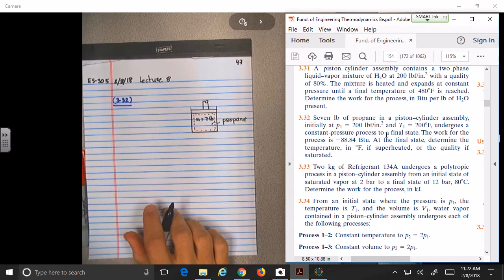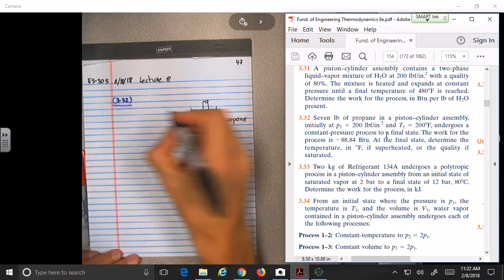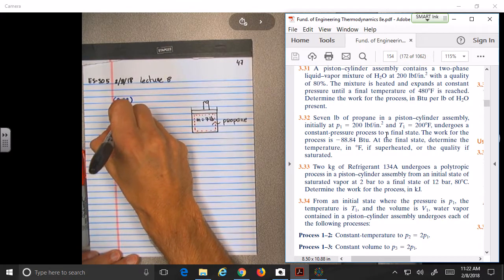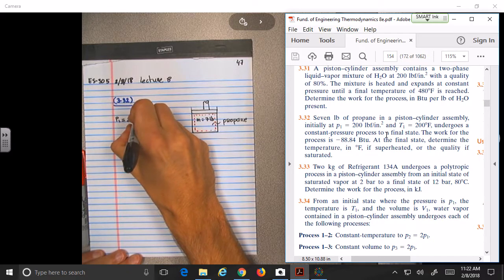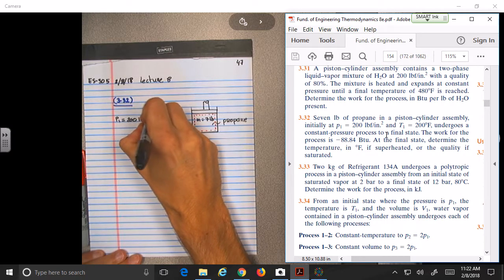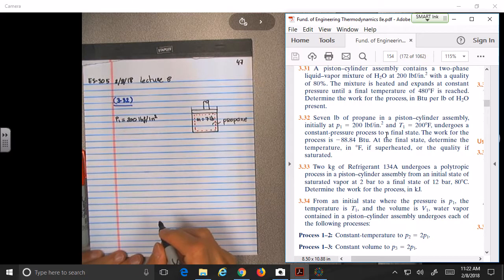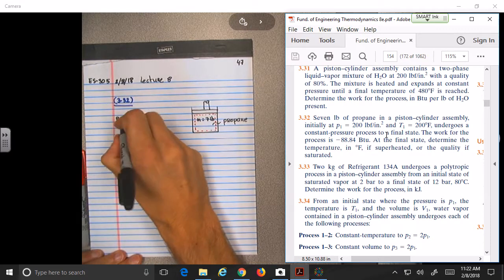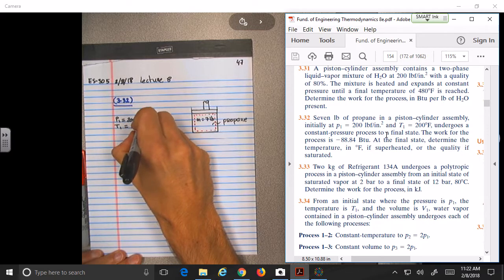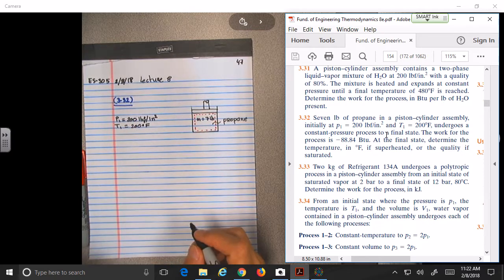Initially, P1 is equal to 200 lbf/in², and the initial temperature is 200 degrees Fahrenheit. It undergoes a constant pressure process to a final state.